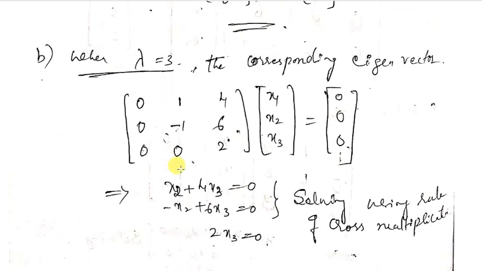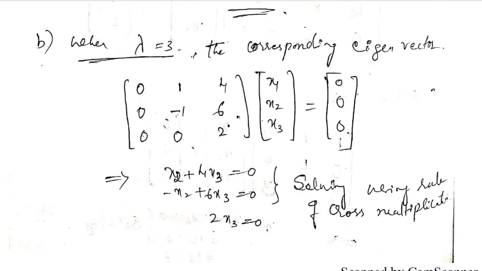the equivalent system of equations are x2 plus 4x3 is equal to 0. Multiplying these two matrices, we get the equivalent system of equations: x2 plus 4x3 is equal to 0, minus x2 plus 6x3 is equal to 0, 2x3 is equal to 0. Now again solving the system, here we have to consider any two equations. Okay, so let me take the first two equations.